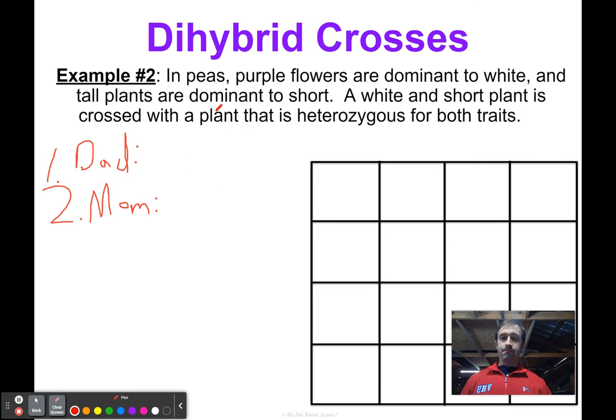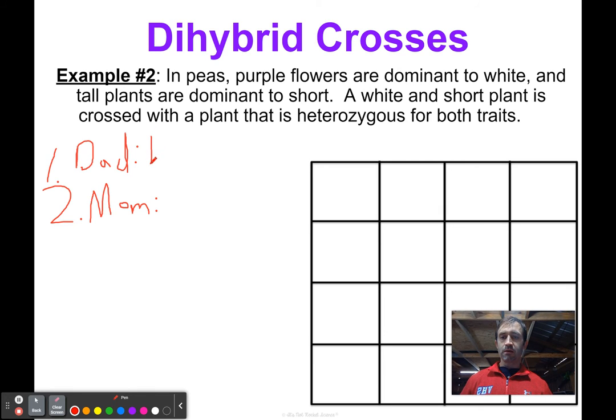All right, so here we go. In peas, purple flowers are dominant to white. Okay, so let's just pick a letter, right? We could use P. These are not really good letters. It's good to have differences in the letters. All right, so we'll use T for tall and short, but let's use P, I guess.